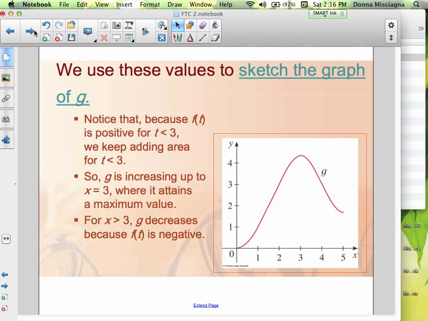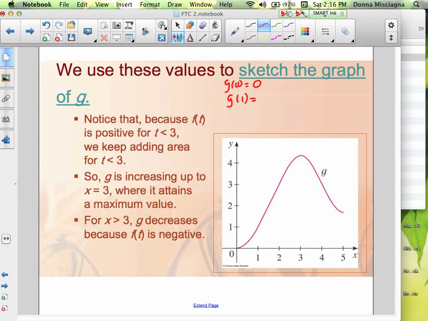Okay, now we could use these values to sketch the graph of g. Right? So notice that because f of t is positive for t less than 3, we kept on adding areas, right? So it kept increasing. So maybe we should write everybody down so you can kind of see. So g of 0 was 0, and g of 1 was 1.